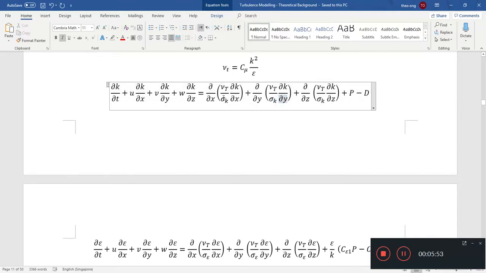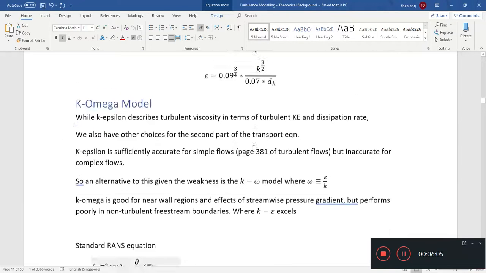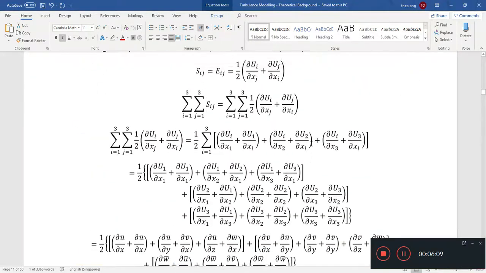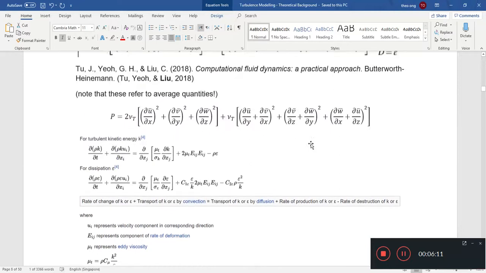And there are some model constants here. You see the turbulence viscosity pops up here again. And then you have sigma k, P and D, which I think are all stated above.